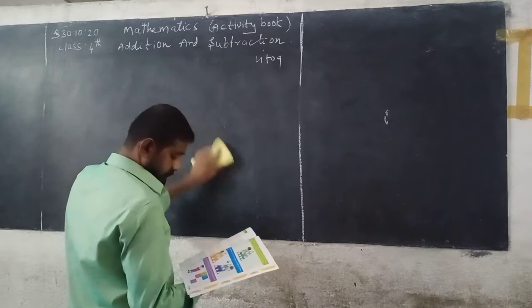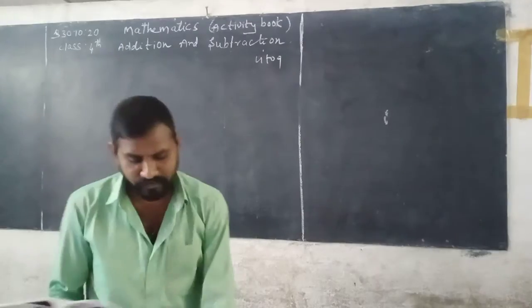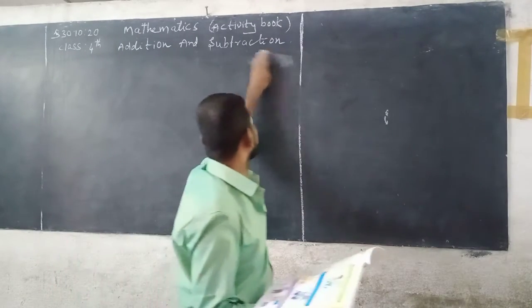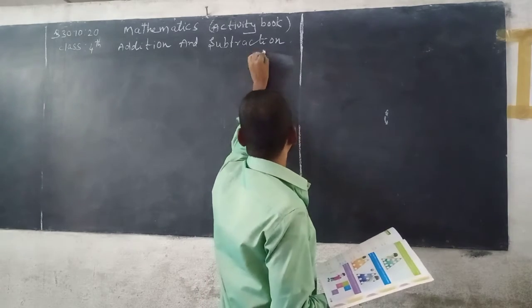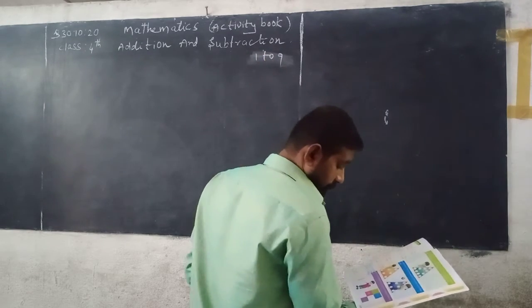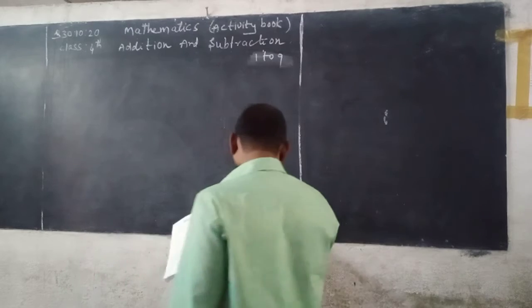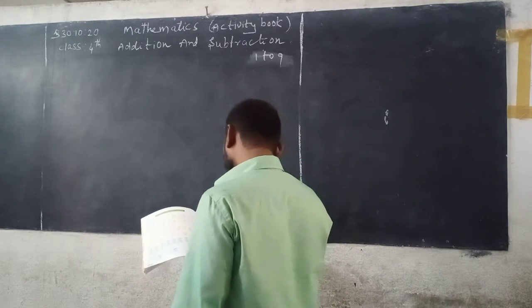Now next one, write the numbers from 1 to 9 such that each row, column and diagonal add up to the same number.